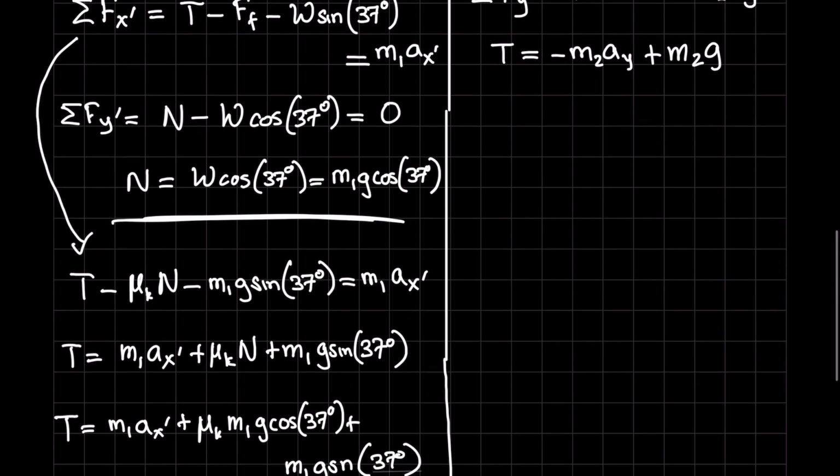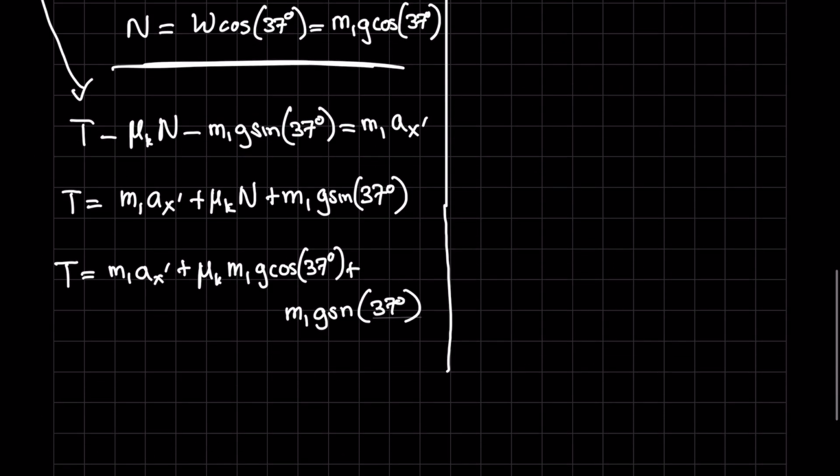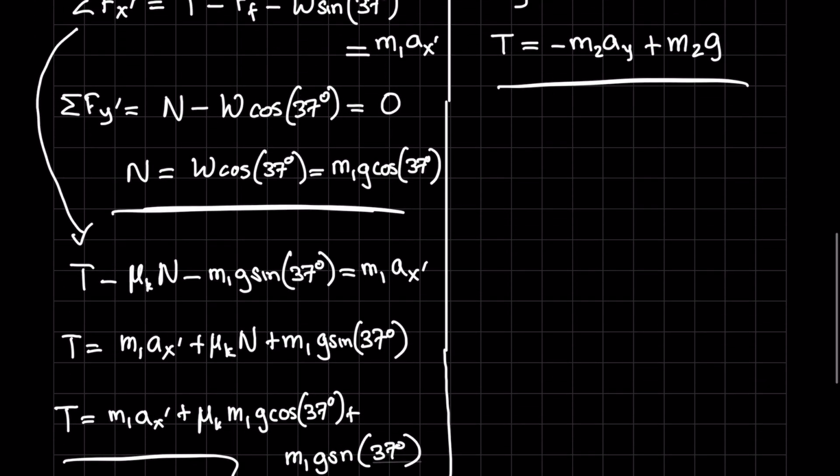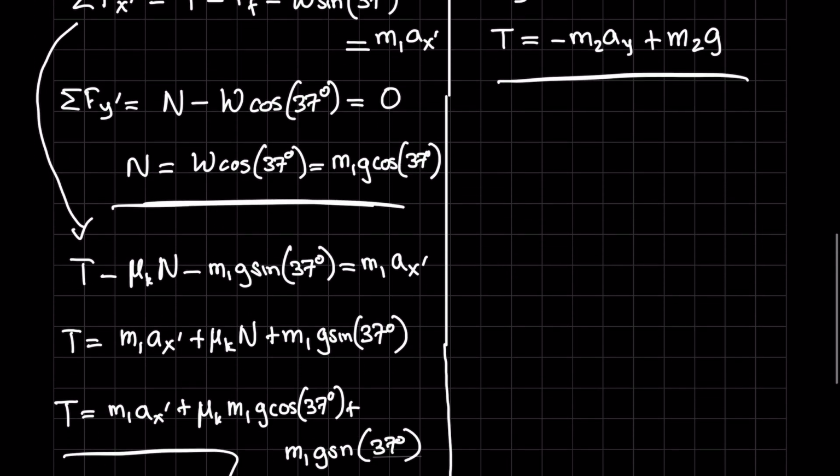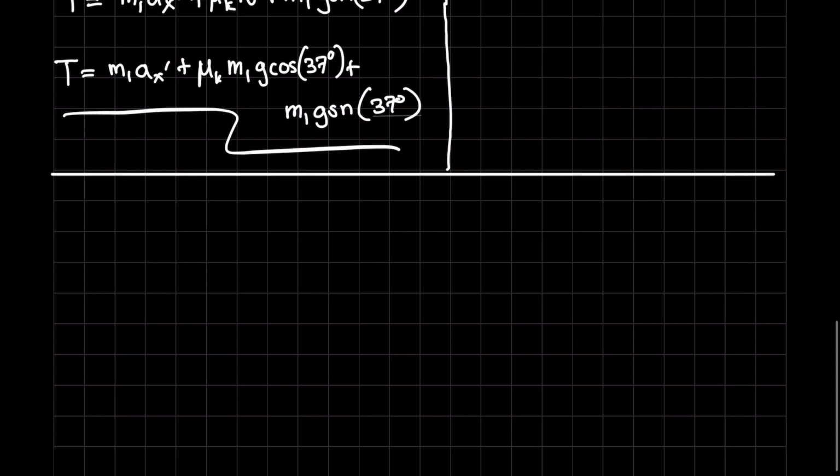So now we have two expressions for tension. We have the expression here from block 2, and we have this expression here for block 1. So what we're going to do is set tension on both sides equal to each other.